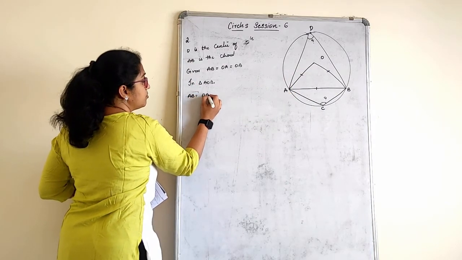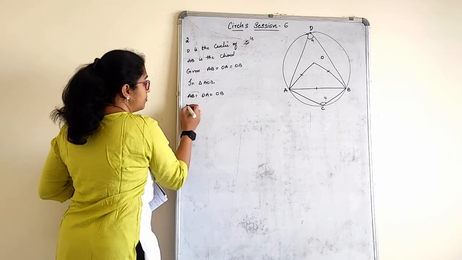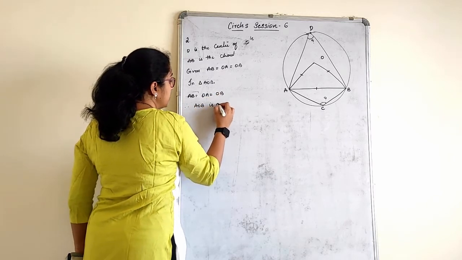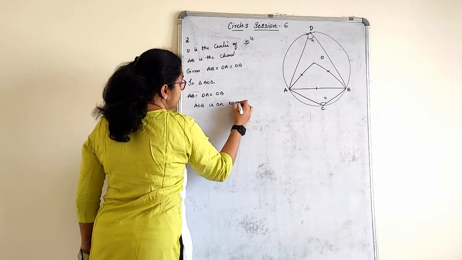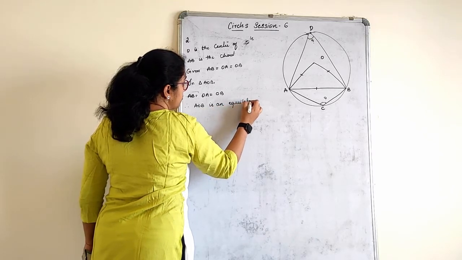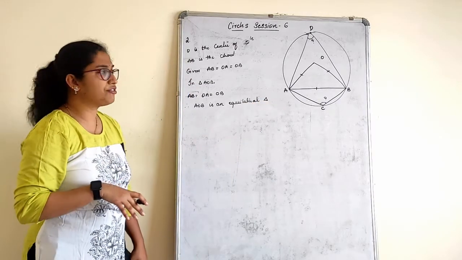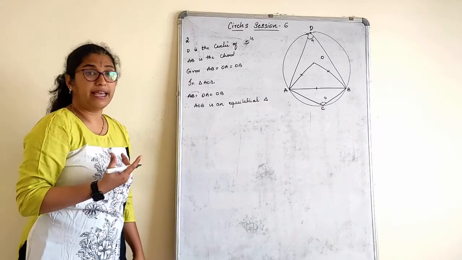AB is equal to OA is equal to OB. Therefore, AOB is an equilateral triangle.